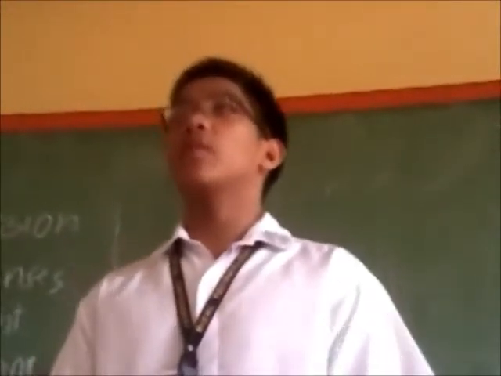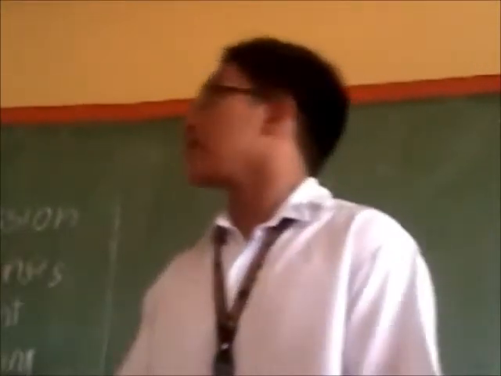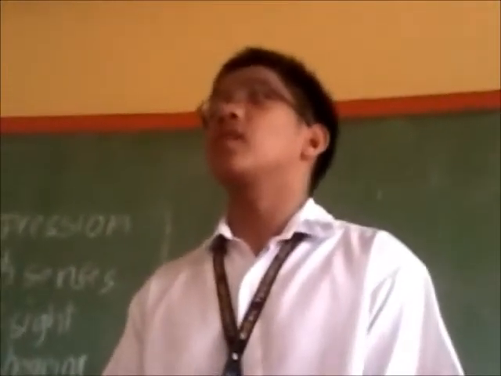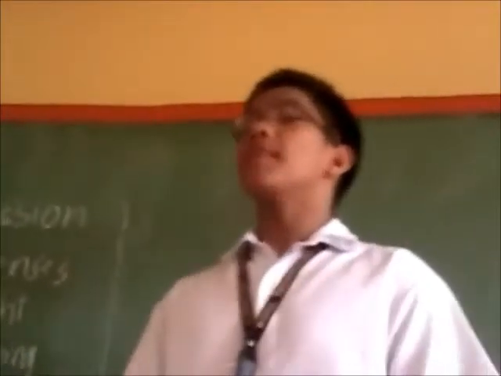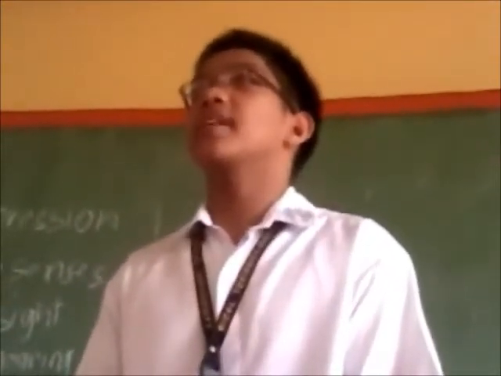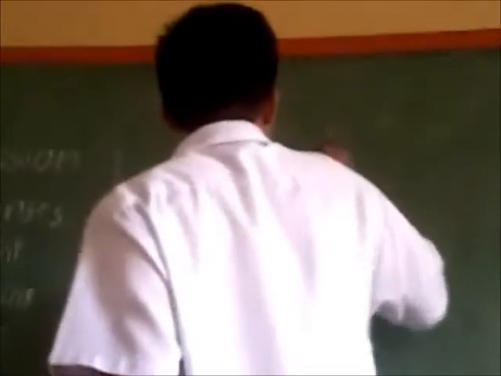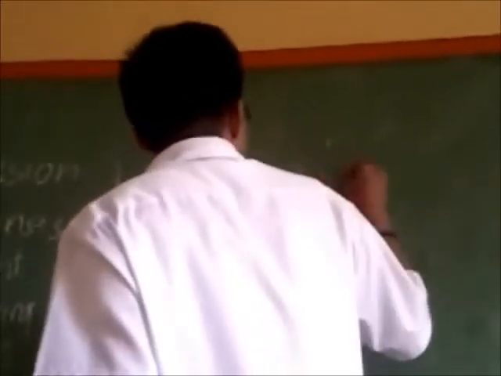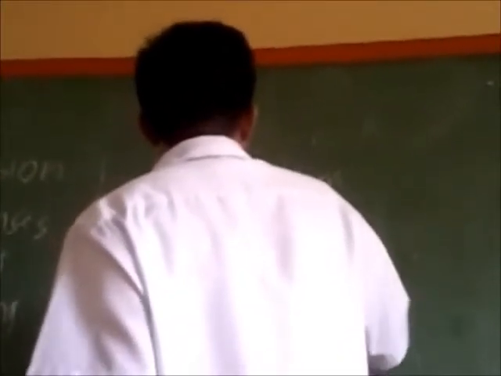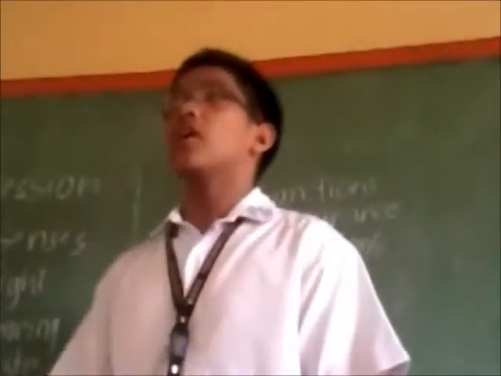I'm Ray Perdigon, and I'm going to discuss describing a mechanism under the lesson 3 using description. Describing a mechanism is a short report designed to convey to a reader a technical understanding of the 3 elements, which are the function, the appearance, and the operation of a particular object.